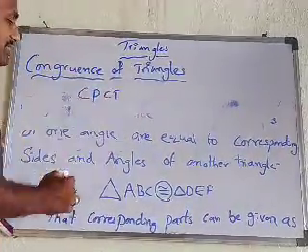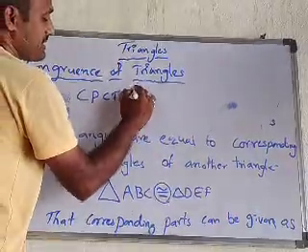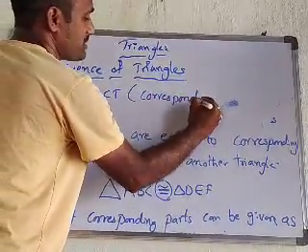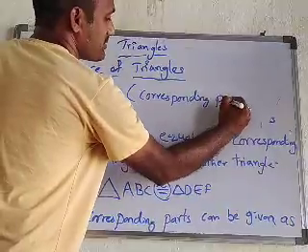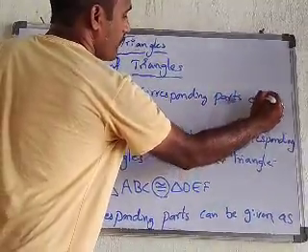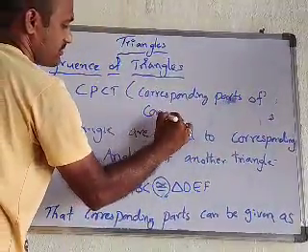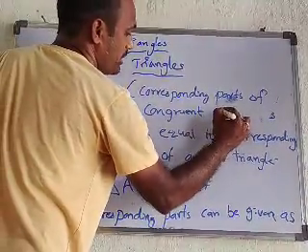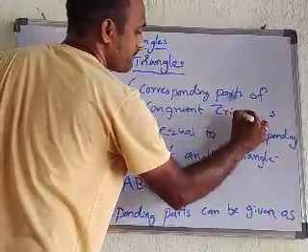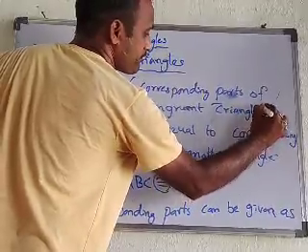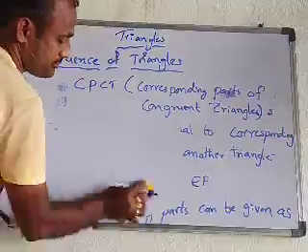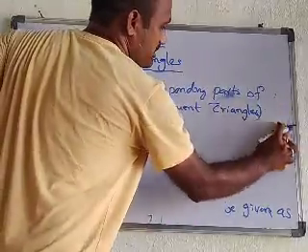CPCT stands for corresponding parts of congruent triangles.